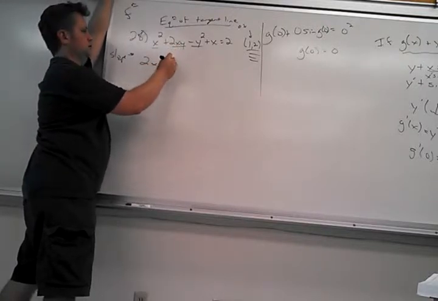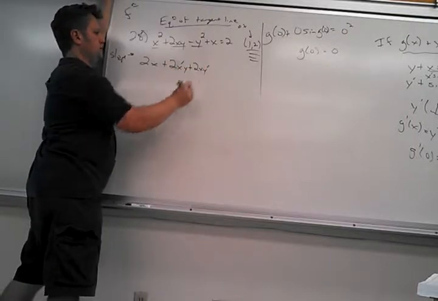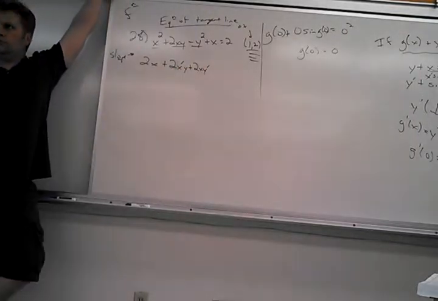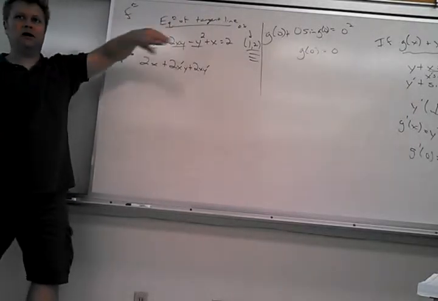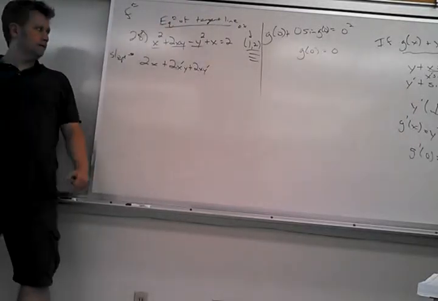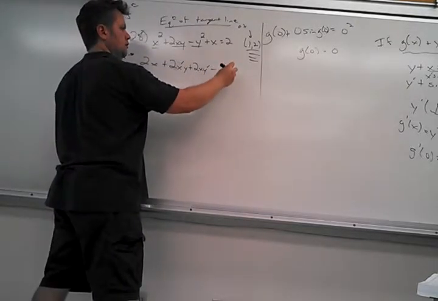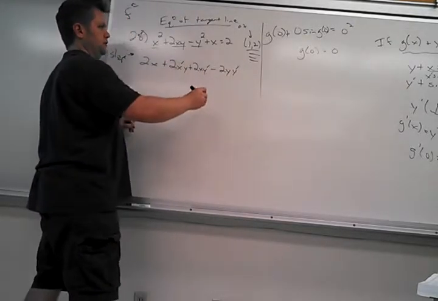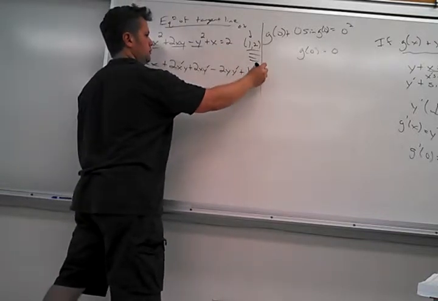Product rule, right? So 2x prime y plus 2xy prime. You guys with me? I can even do 2 prime xy, but of course 2 prime is 0. Minus 2y minus y prime. Plus 1 equals 0.